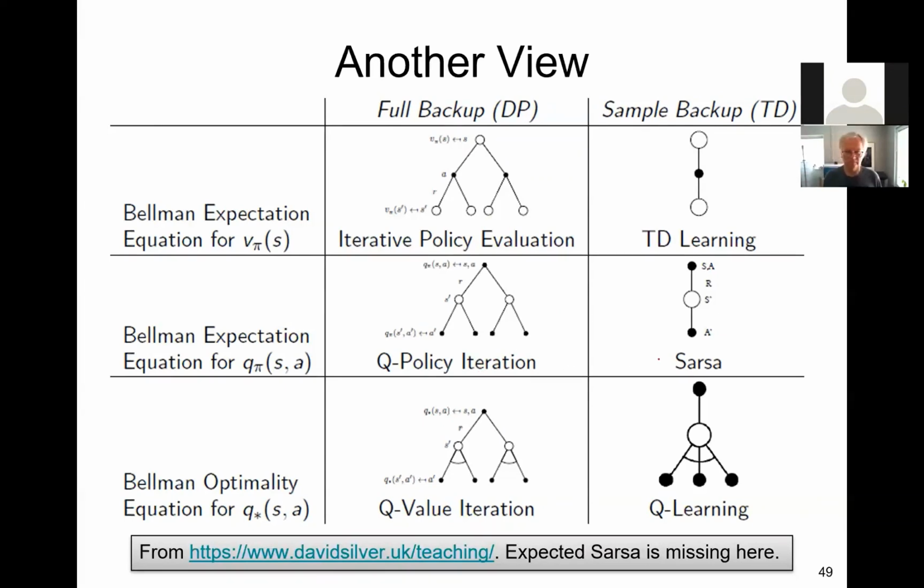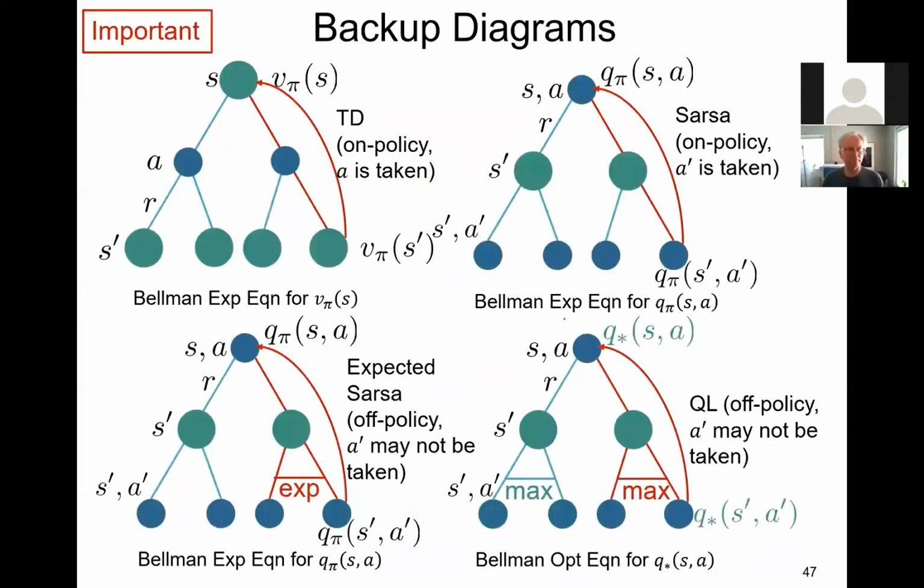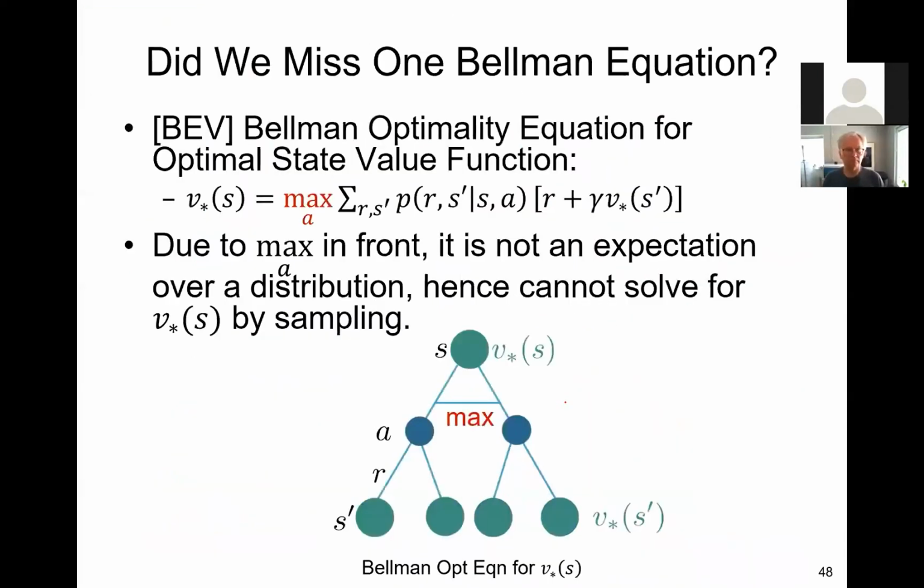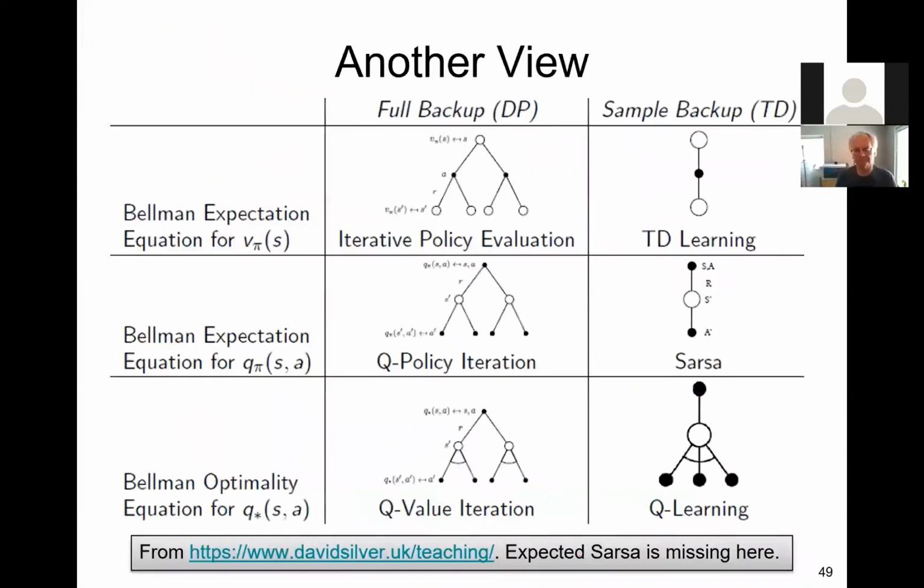And Sarsa is a sampling version of Q policy evaluation for Q pi. And Q-learning is a sampling version for the optimal Q value, or Q star. So exact same content as my diagram here, just drawn in a different way. And also it's missing the expected Sarsa.